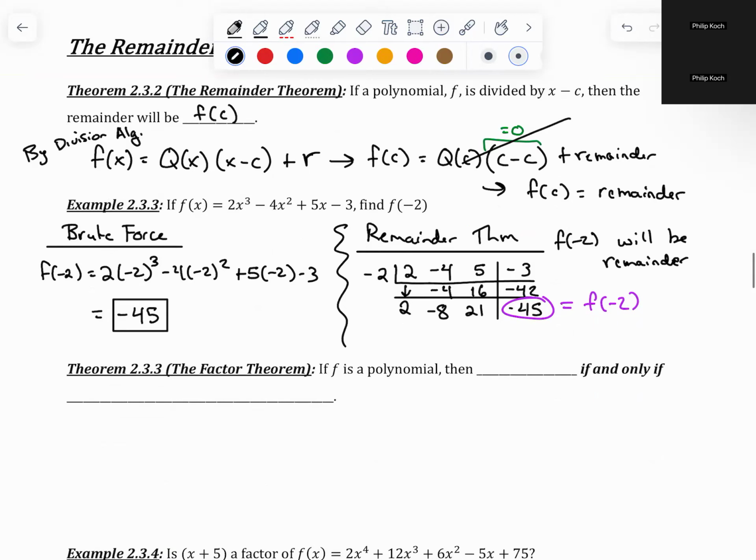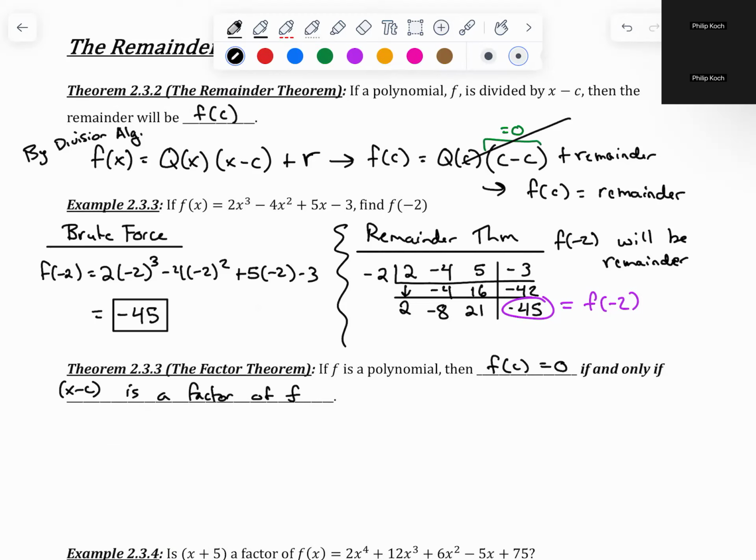If f is a polynomial, then f of c equals 0 if and only if x minus c is a factor of f. Remember, an if and only if statement means that it's true backwards and forwards. It's a double-ended arrow. F of c equals 0 implies that x minus c is a factor.